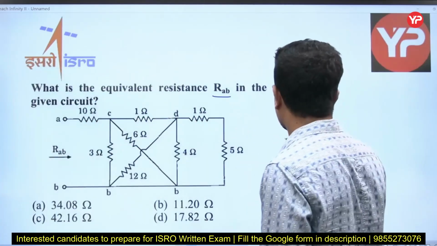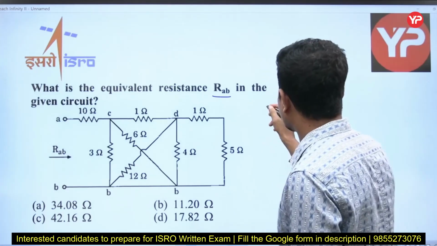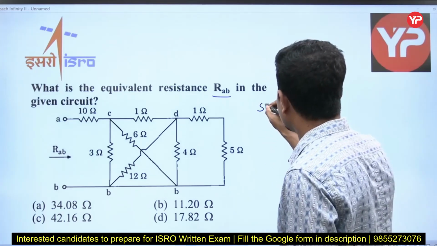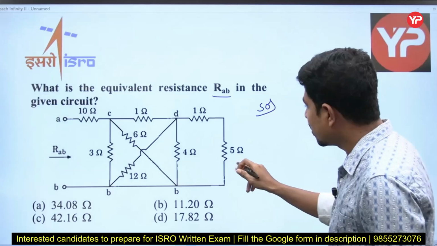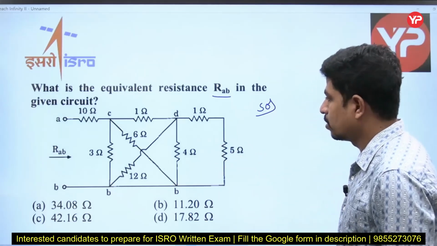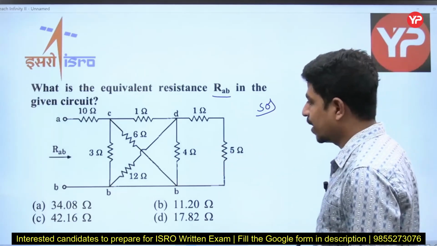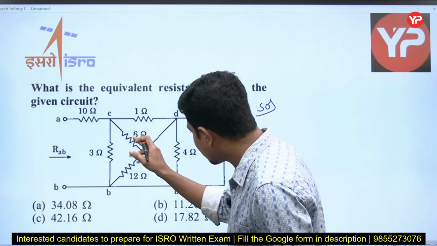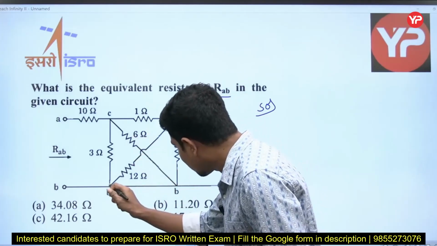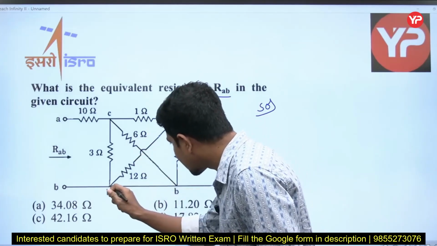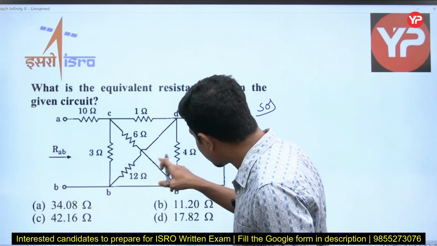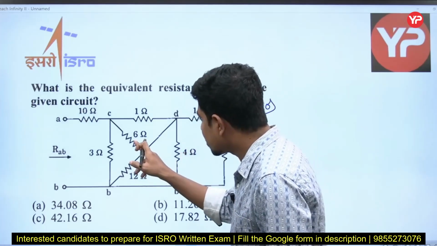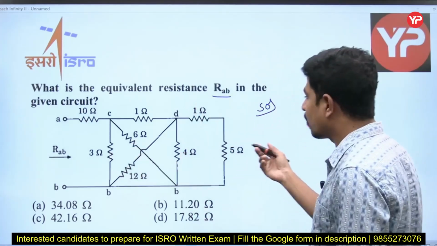Now I am doing the solution in a very simple way, step by step. If you see, this is looking like a zigzag connection, but these B and B terminals are the same, therefore this 12 is in parallel with 4, and this 6 is in parallel with the 3. Now let me redraw the circuit first of all.